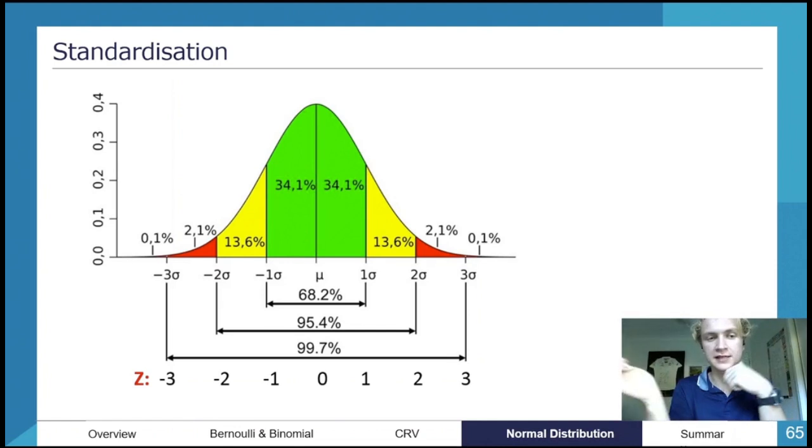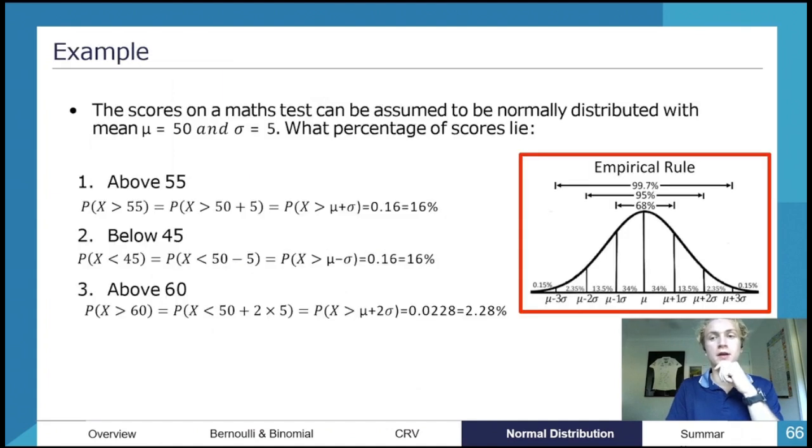So Z equals -3 is three standard deviations that way from the mean. Alternatively, here, Z equals 2, two standard deviations that way. And then we have our probability. The area under this would all be 1. This is called standardization, as per the 68, 95, 99.7% rule. Example.